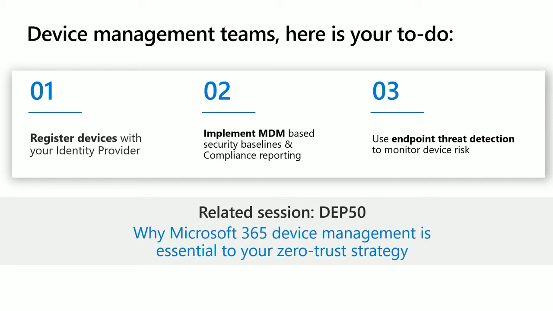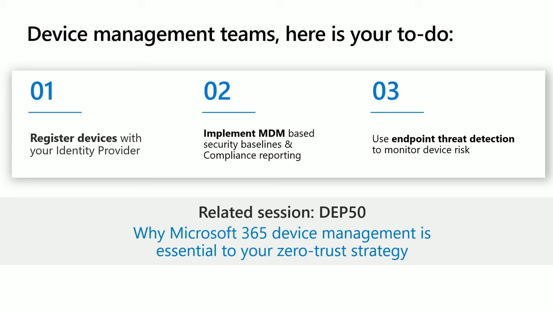And then you want to enhance this with what we call endpoint threat risk. So if you have an EDR, like Defender ATP, that plugs the risk into the same concept, you can take it to a different level. It's not only about compliance and security, it's also about the risks that you see from the device.